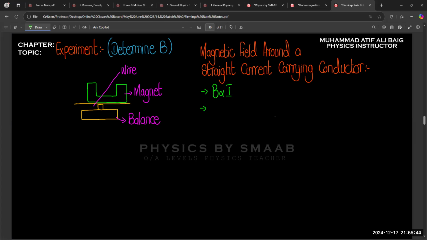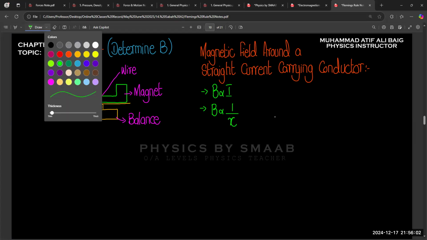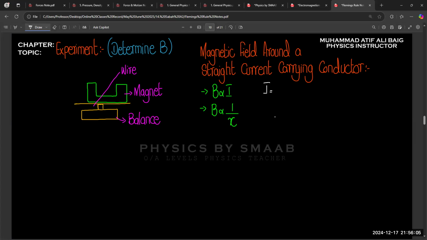And secondly, it is inversely proportional to the distance from the conductor, 1 over X. I represents electric current, and X represents the distance of a point from the center of the wire.